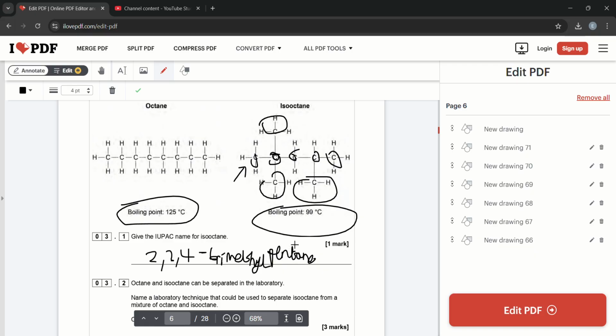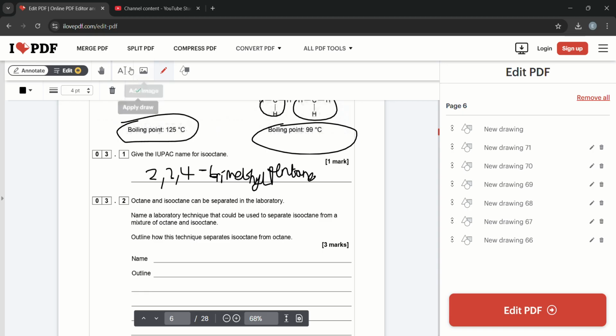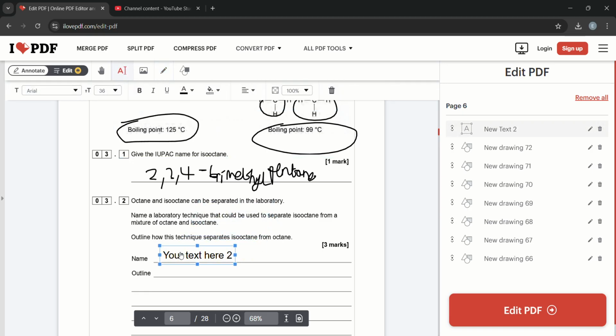Then it says name a laboratory technique to separate isooctane from a mixture of octane and isooctane. It can be fractional, or you could say simple distillation, fractional distillation.